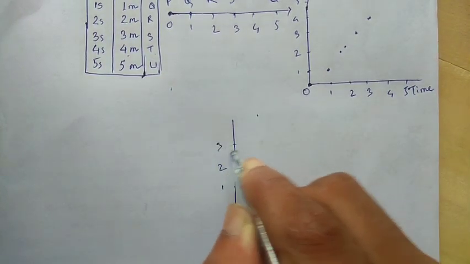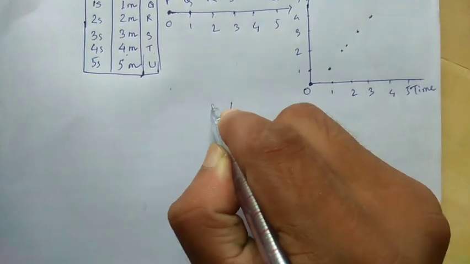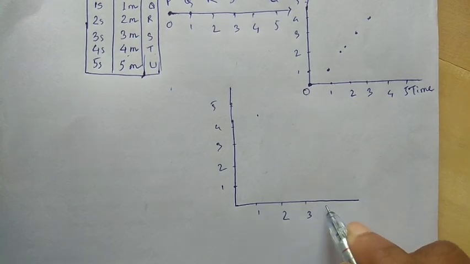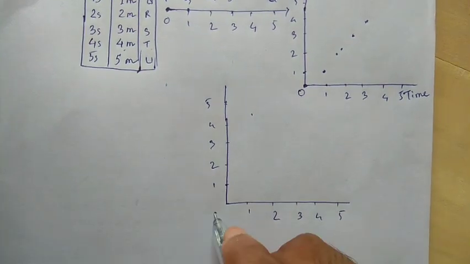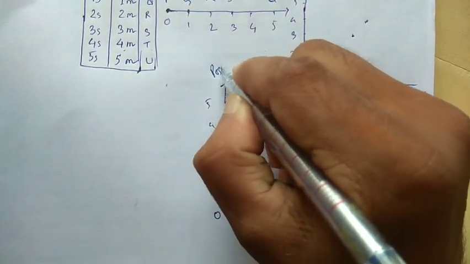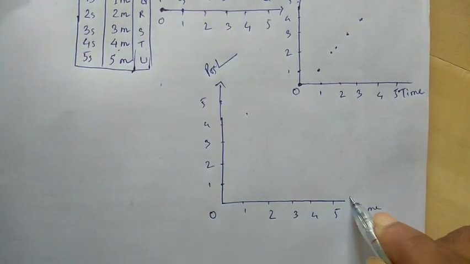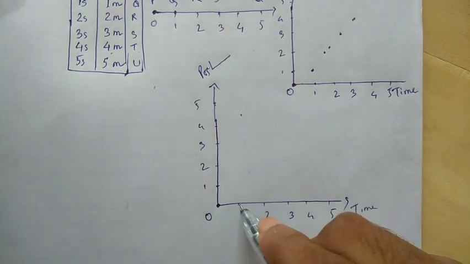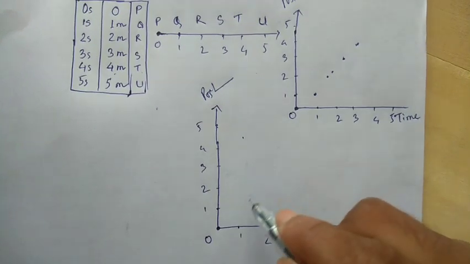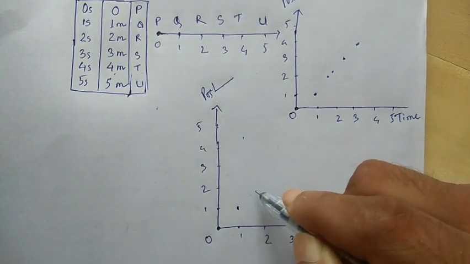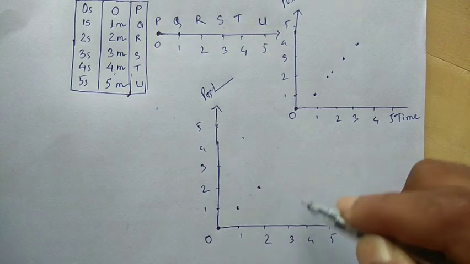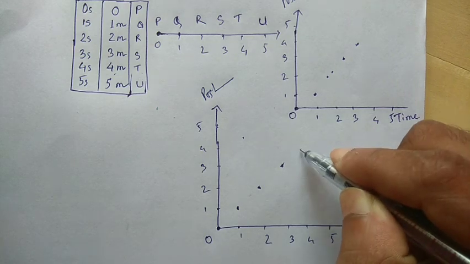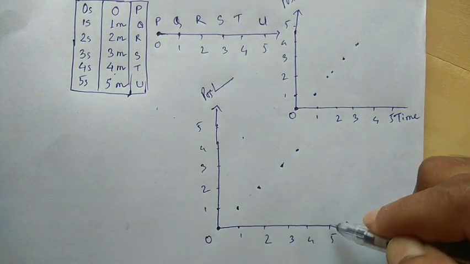1, 2, 3, 4, 5. On this side is your position and on this side is your time. In 0 second, the body is at 0 meter. In 1 second, the body is at 1 meter. In 2 seconds, at 2 meter. In 3 seconds, at 3 meter. In 4 seconds, at 4 meter.